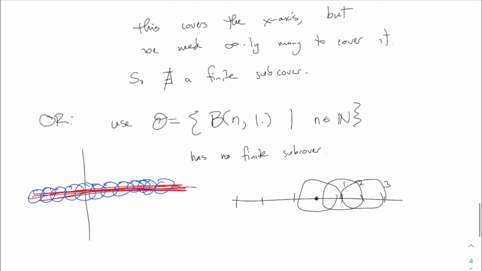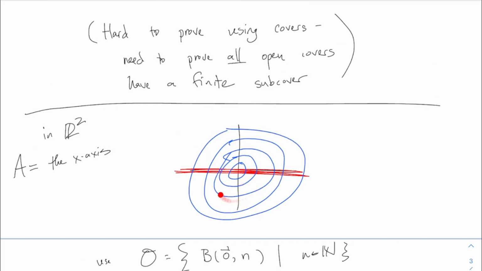Maybe it's actually clearer in this example. If the set stretches out to infinity, you can use this covering, and you are guaranteed that this does not have a finite subcover.